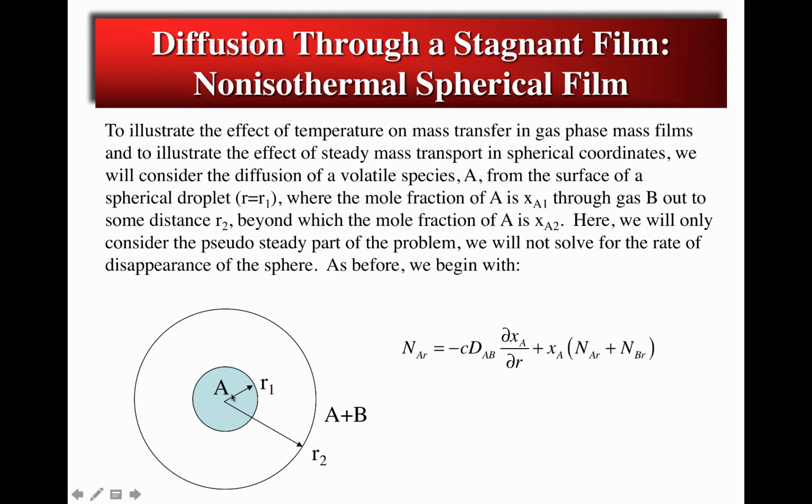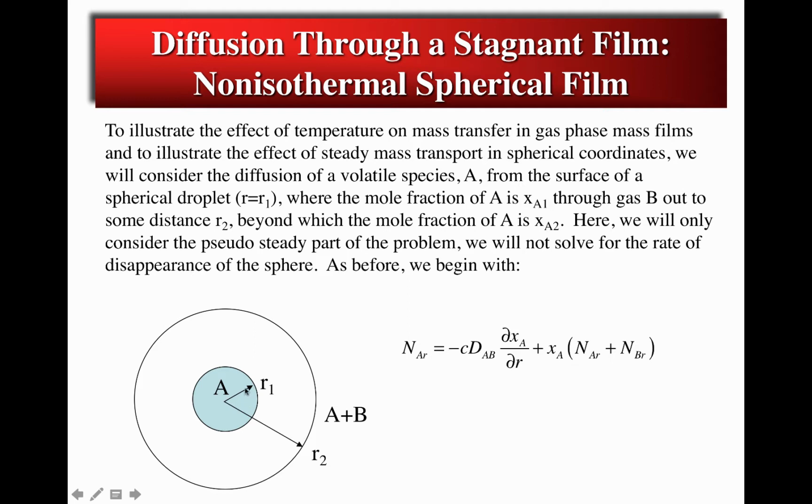We're going to fix up this problem a bit, because I'm going to compare it to the Stefan tube problem momentarily. And the way we're going to do that is we're going to say that outside a radius away from the center of this particle of R2, the concentration of A is essentially constant. And we'll show later that that's a reasonable consequence of boundary layer theory.